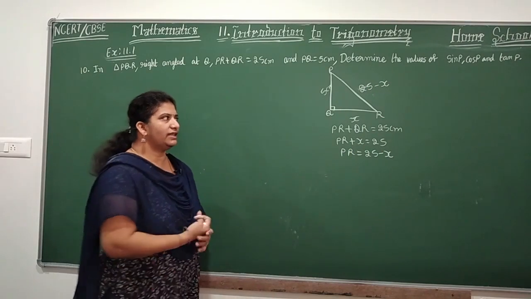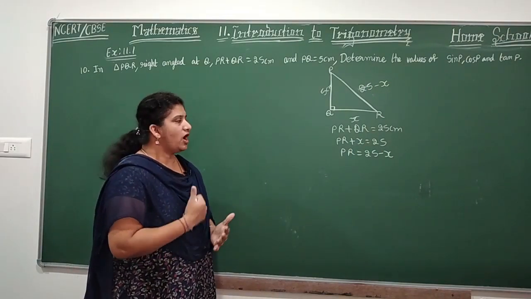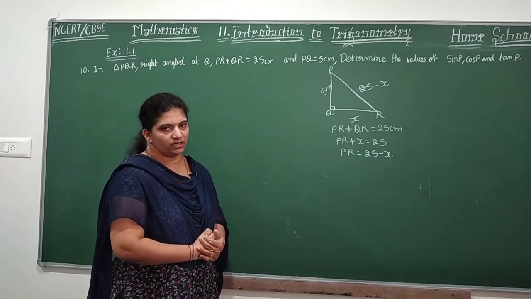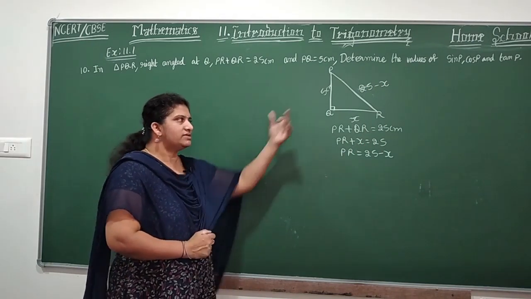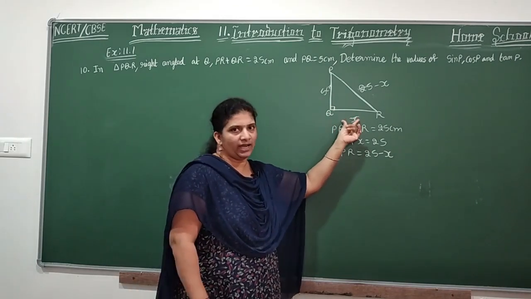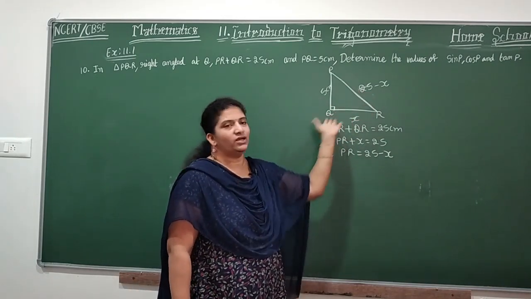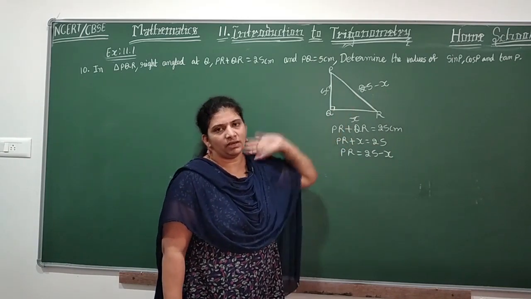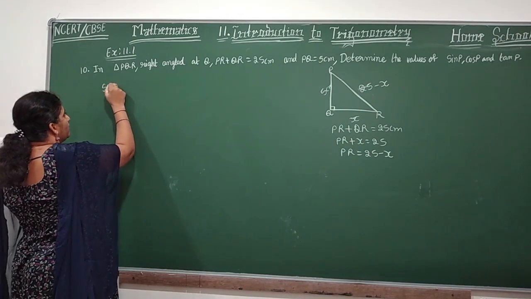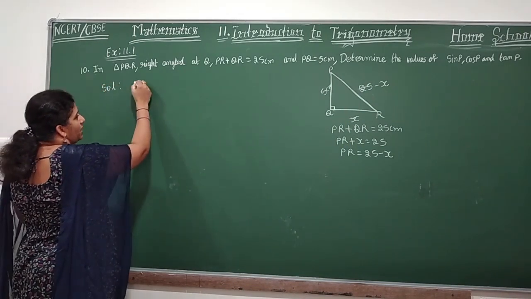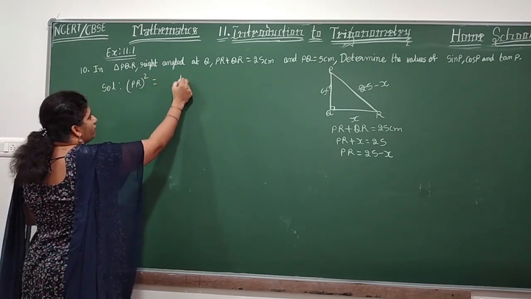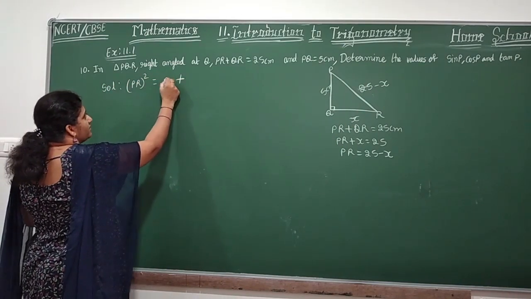But I still didn't get the value of the sine. So how can I find this? Apply Pythagoras theorem as usual. But separate sides you got right now. What is QR? QR is x. PR will be 25 minus x. So now apply Pythagoras theorem here. What is that? Hypotenuse square is equal to sum of the squares of the other two sides.